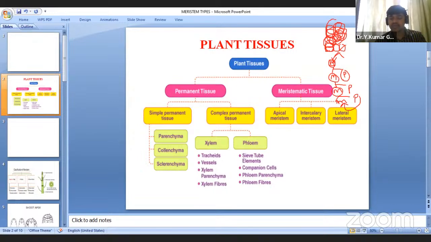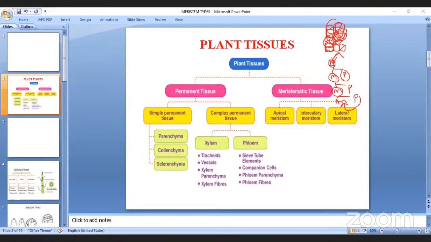Then what happens during this division from the embryonic cell? With all the divisions and redivisions, a group of meristematic cells and a group of permanent cells are formed, so meristematic tissue and permanent tissue are formed. But which is the majority, meristematic or permanent tissue?